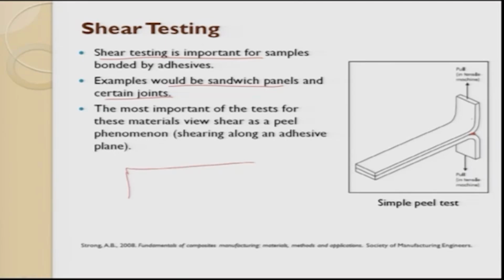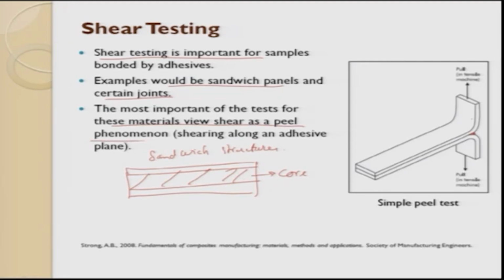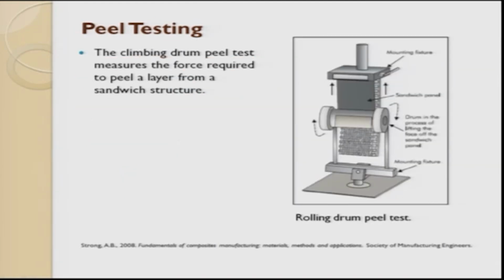In honeycomb or sandwich structures, we have a top skin, a bottom skin, and this will be the core. If you want to find out the adhesion strength, then we do this. The most important of these tests view shear as the peel phenomenon, so the shearing along the adhesion plane will be taken care of.